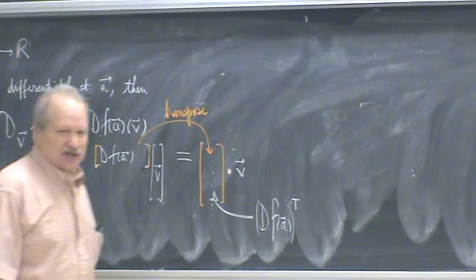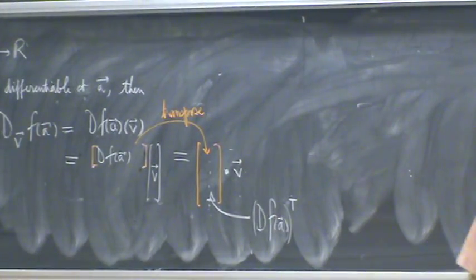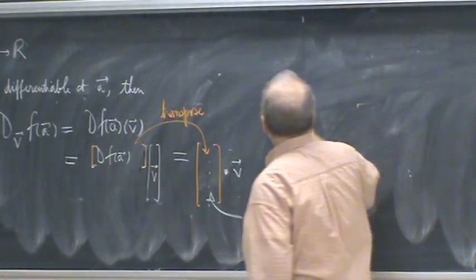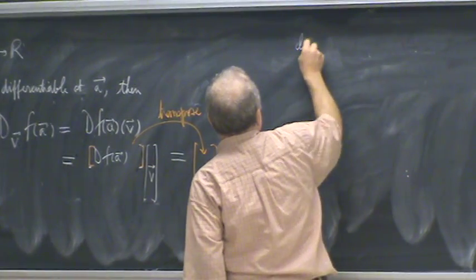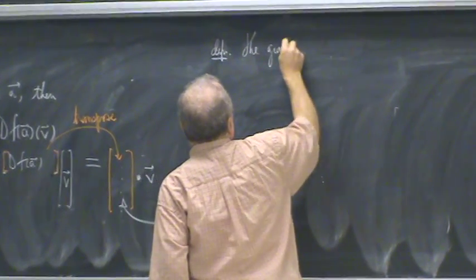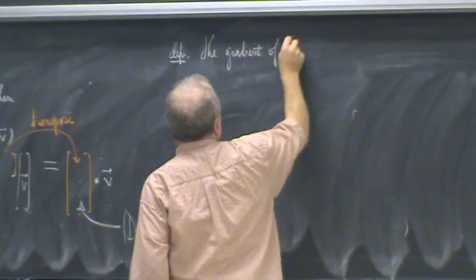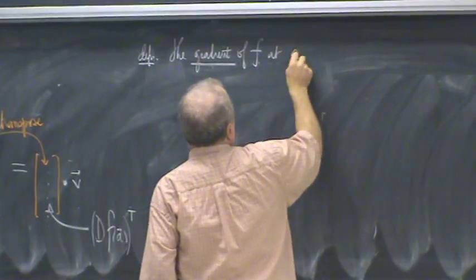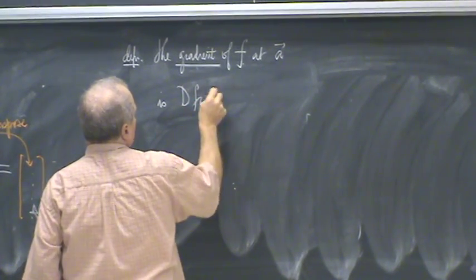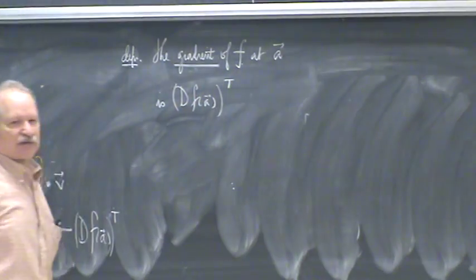And I suggested to you guys on Wednesday that this vector is so important we need to give it a name. So it's called the gradient. The gradient of f at A is the vector that you get by transposing the derivative matrix.